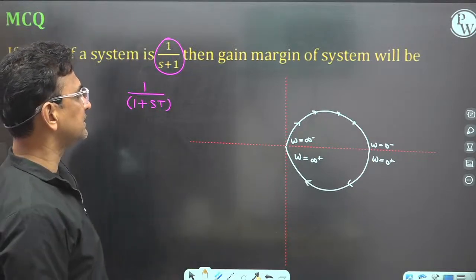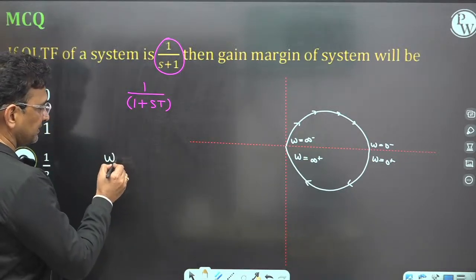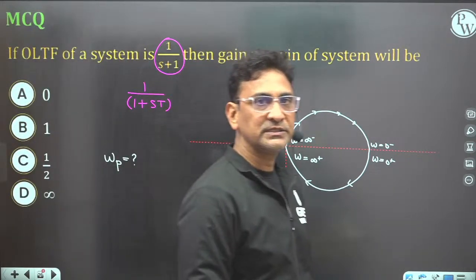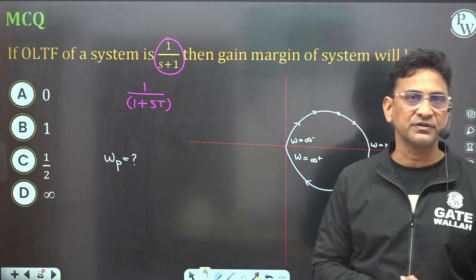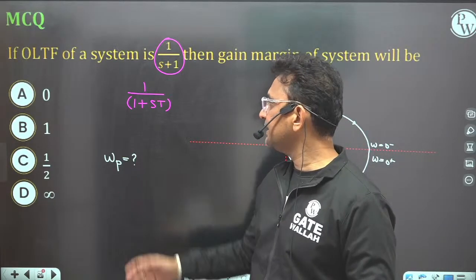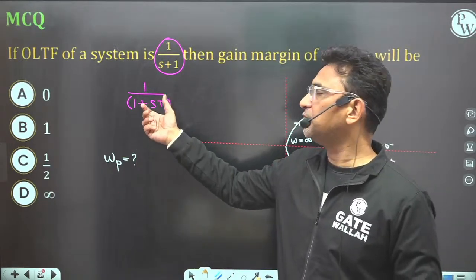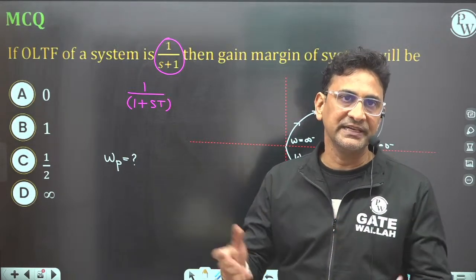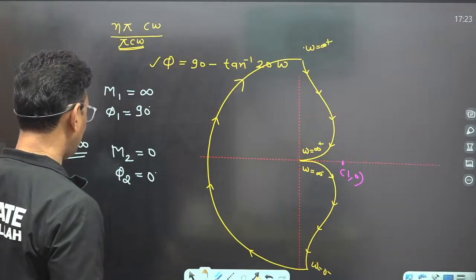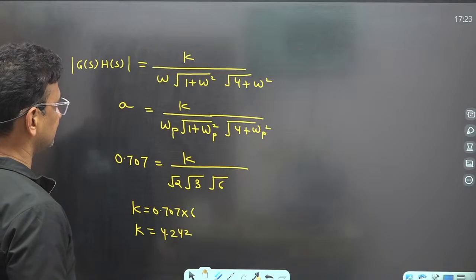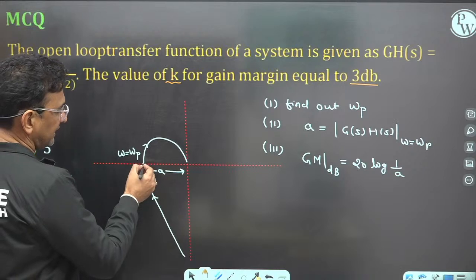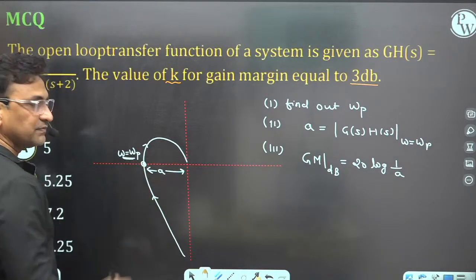Now tell me, what is the omega p here? Can you find out the omega p? The definition of phase crossover frequency is the frequency at which the phase of the open loop transfer function becomes minus 180. Or the second definition: the frequency at which the polar plot cuts the negative real axis is called the phase crossover frequency.